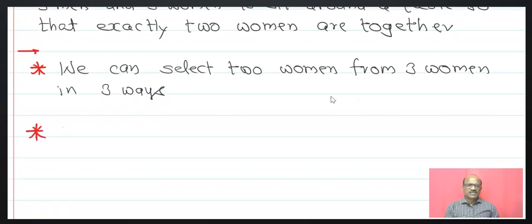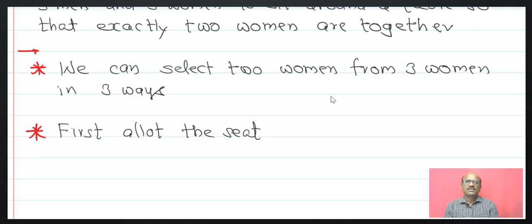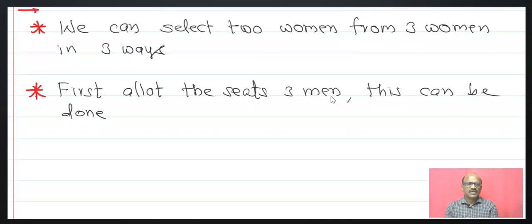That is first and second, first and third, like this. First, we will allow the seat for the 3 men, and this can be done in 3 minus 1 factorial, that is 2 factorial ways.